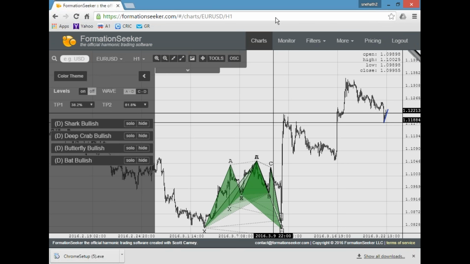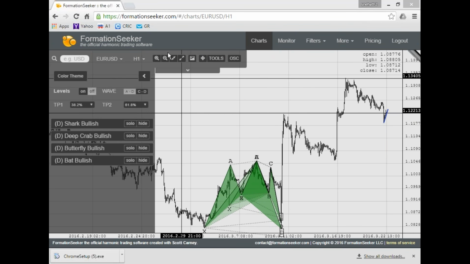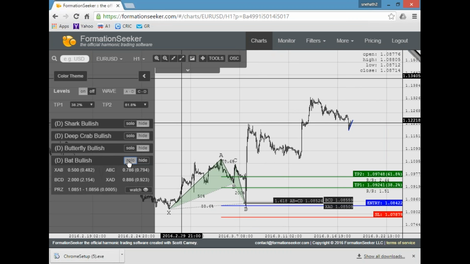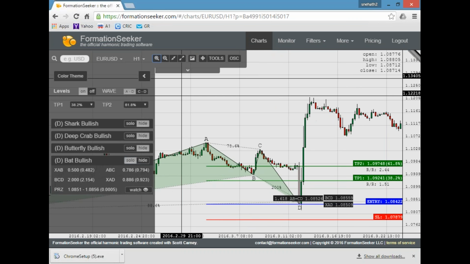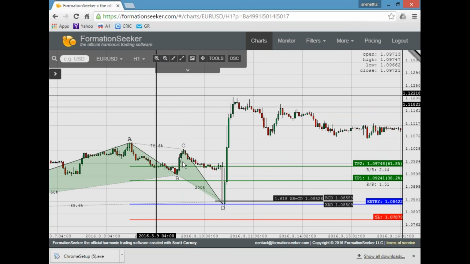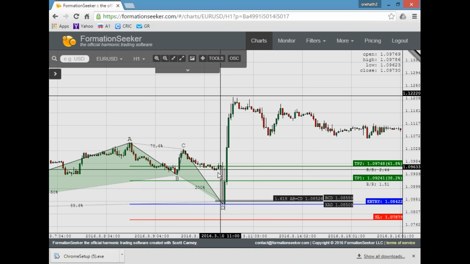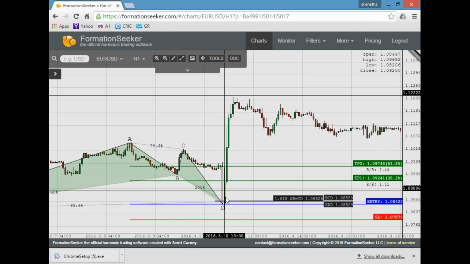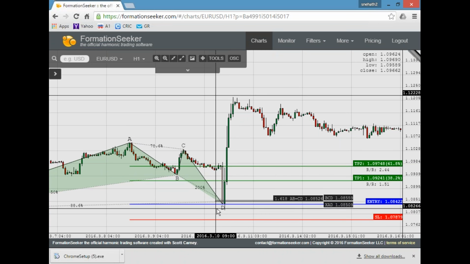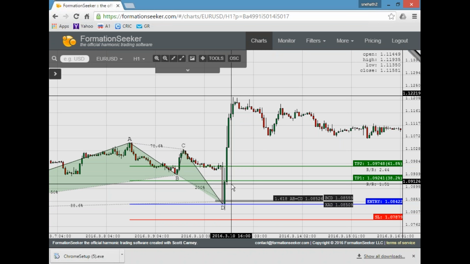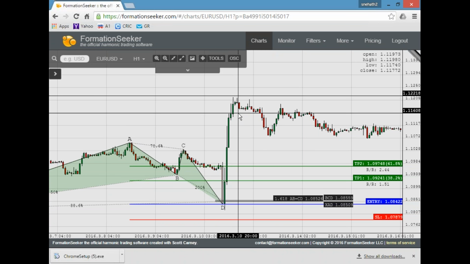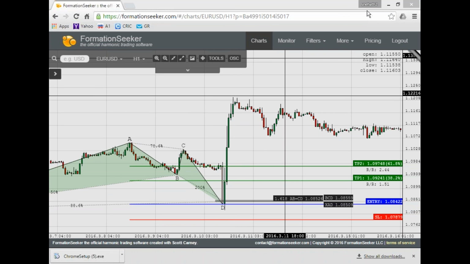Rejection of the PRZ is something like this. If the PRZ is somewhere here and there is a nice bounce off it, it means that the PRZ has been accepted. When you say PRZ has been rejected, it means that this bar will crash through the PRZ. If it's been accepted, it will just bounce off like this and move in the direction that we are expecting it to move.